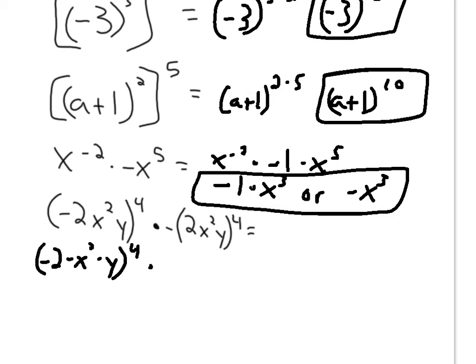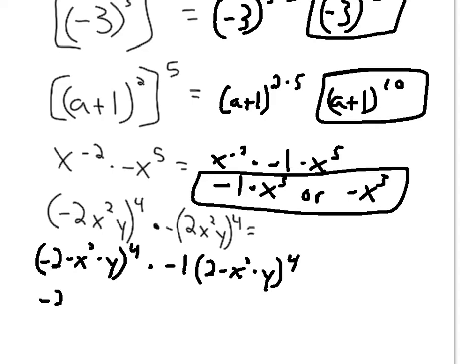And we're going to multiply that out in front here. This says negative, so that's like negative 1 times 2 times x squared times y to the 4th power. Okay? Well, when we were multiplying things in the parentheses, remember, we apply the exponent to each one of these. So really, this looks like this.